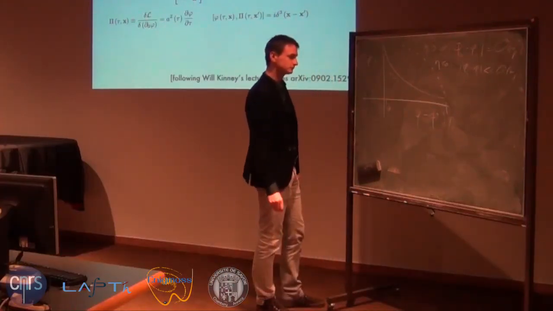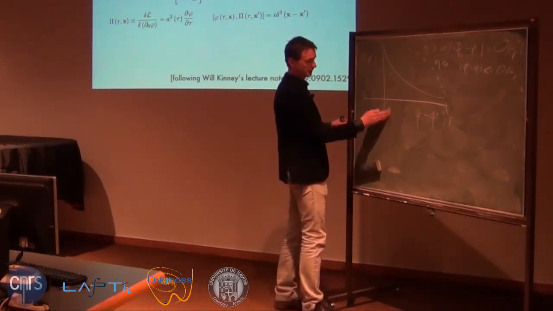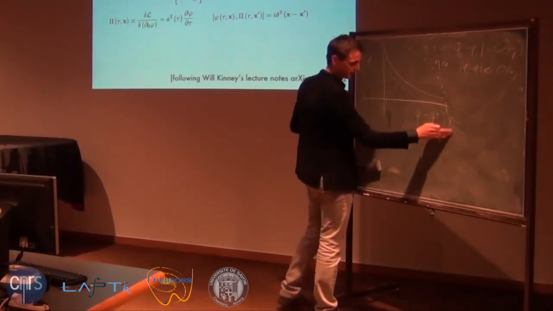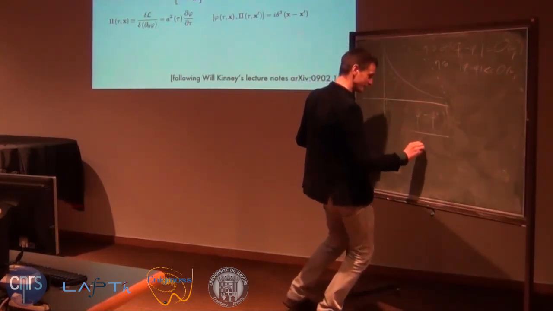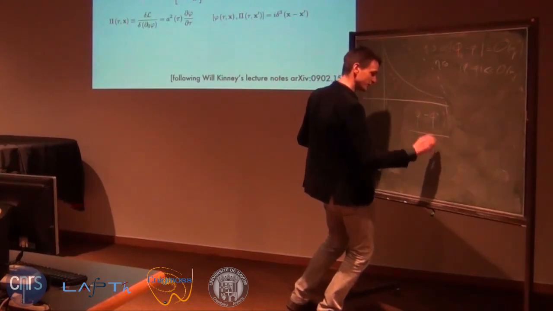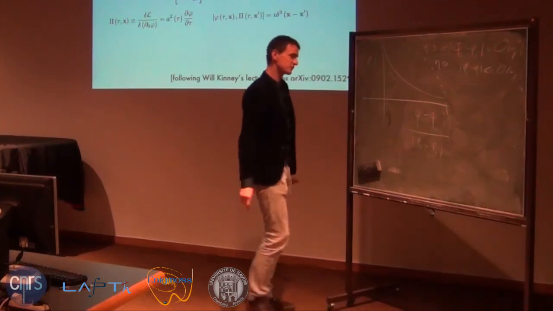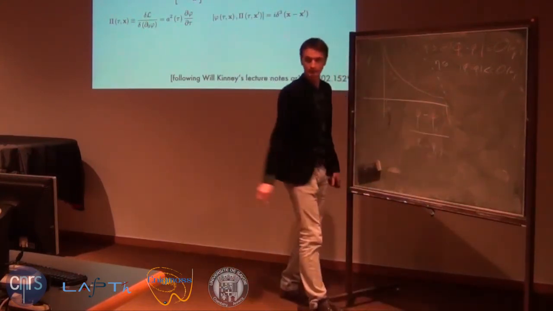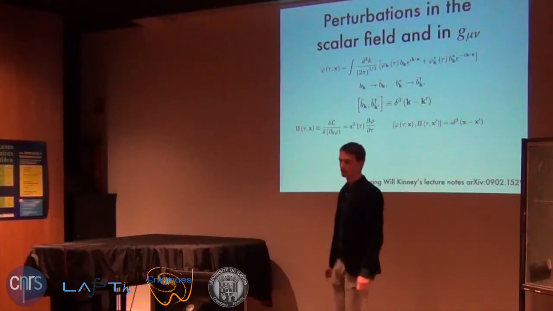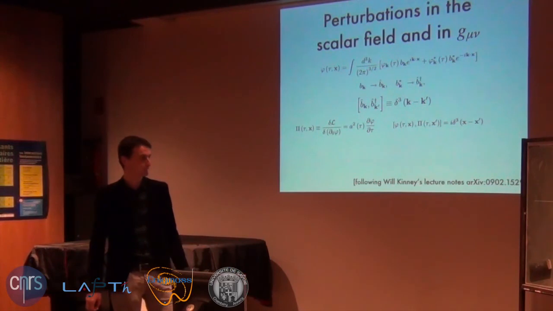So actually, what I should be drawing here is this divided by phi 2 minus phi 1, make this phi 1. And then this goes from 0 to 1, right? That's what I should have drawn. Okay. Good. More questions?